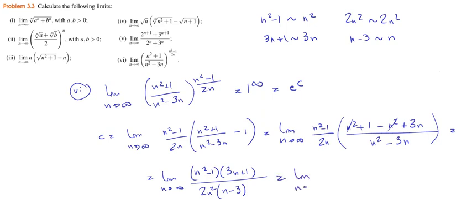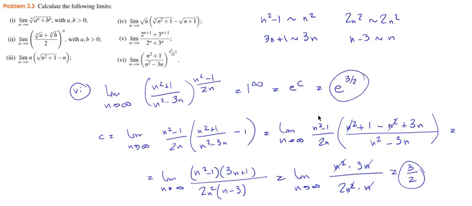So in the limit when n goes to infinity, we can substitute. This is n squared times 3n, and we have 2n squared times n. So n squared times n cancels out, and the limit of this is 3 halves. So the original limit is e to the c, e to the 3 over 2. Okay, and that's the end of the problem.